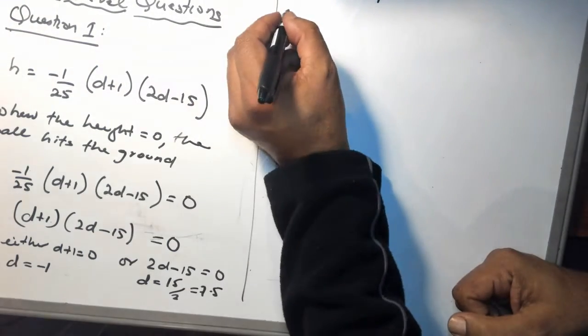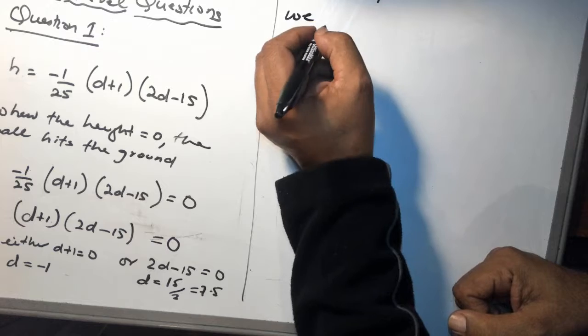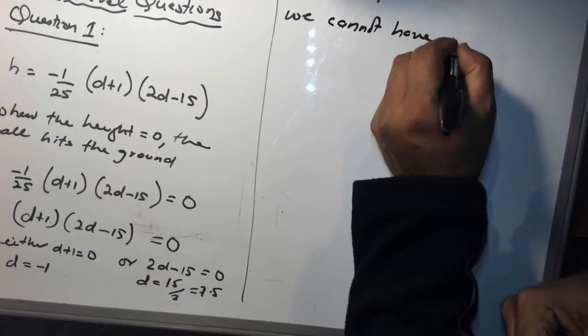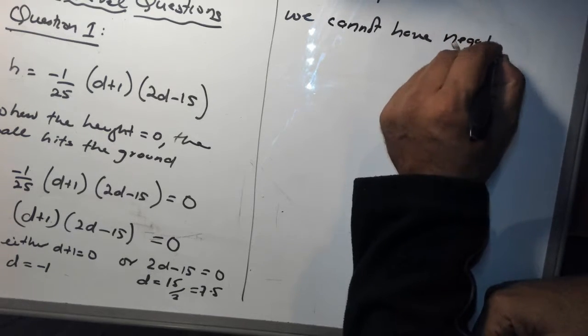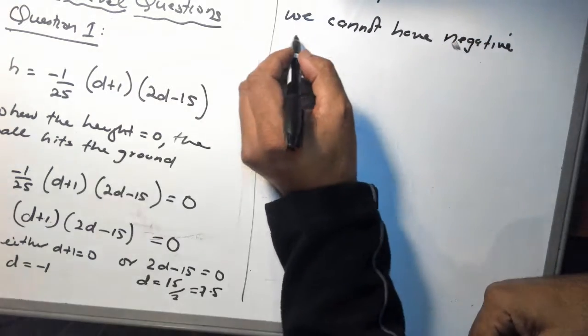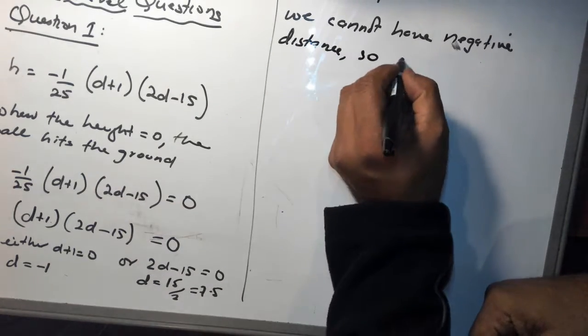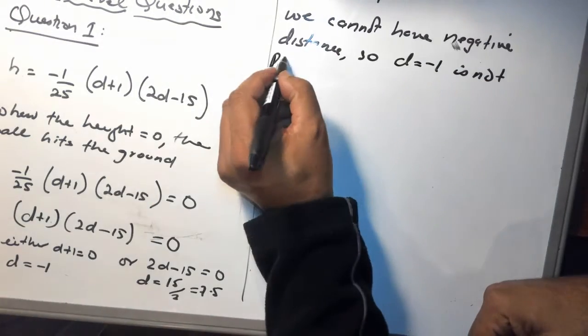We cannot have negative distance. So d equal to -1 is not possible.